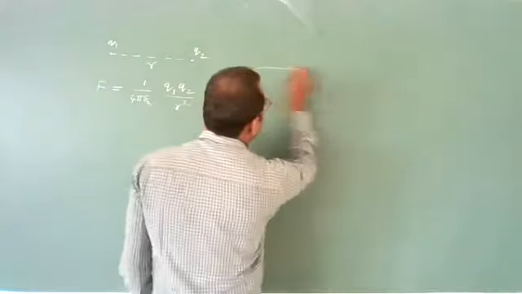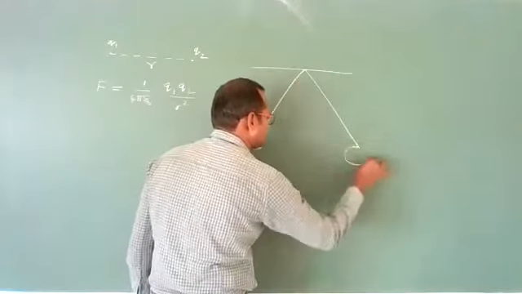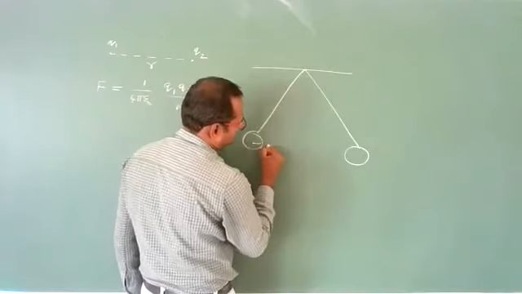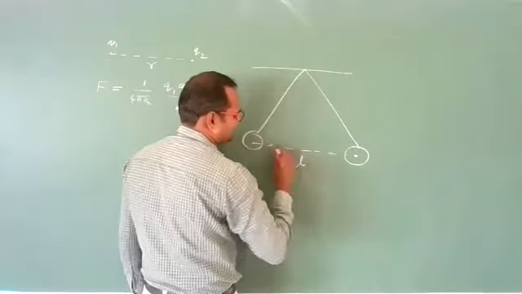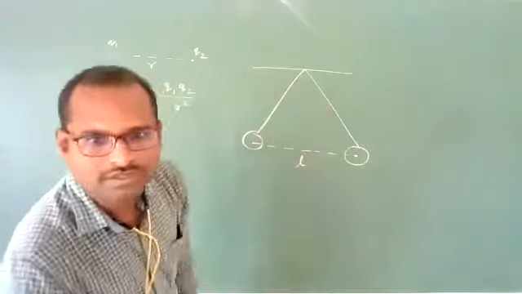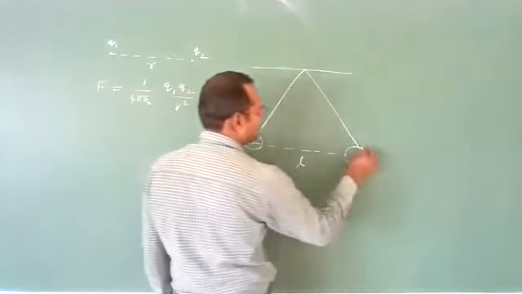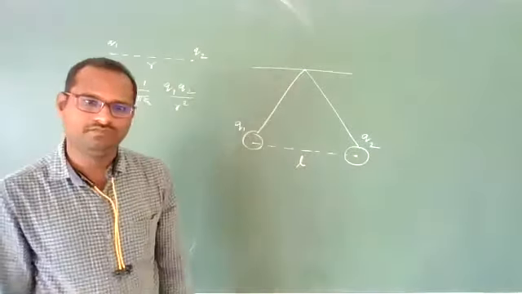At that time, what will be the angle between the two charges? They may ask. Let us suppose the distance between these two charges is L. Here charge Q1 is there, here charge Q2 is there.